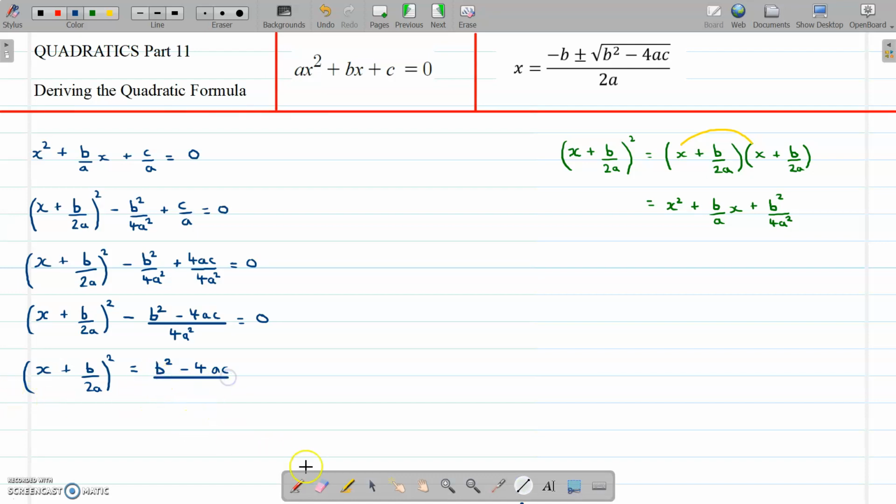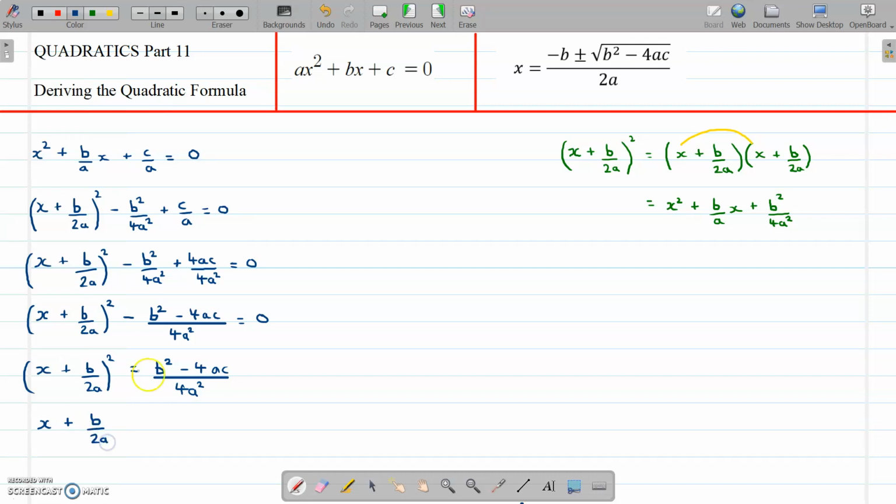Now in a minute it gets really quite smart, because what happens next is we square root both sides, and if we square root both sides we're just left with x plus b over 2a.